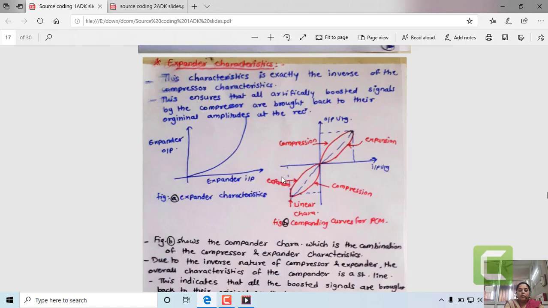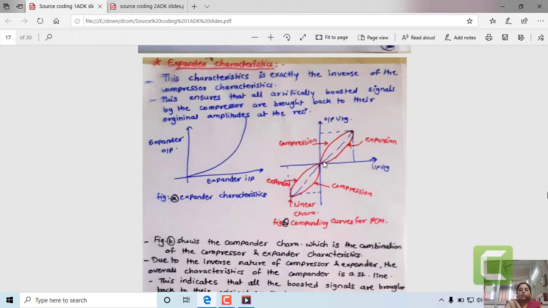Now, as we have already seen earlier, if I am applying expansion at the transmitter side, to regain the original signal we have to apply compression on the receiver side. That means the artificial boosting has to be lowered down to get the original level of the signal. This is how we are nullifying the effect applied at the transmitter at the receiver level.